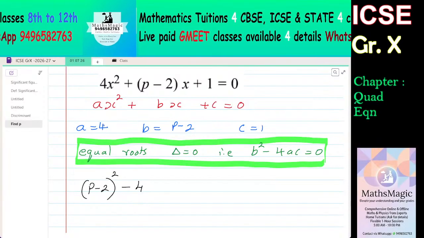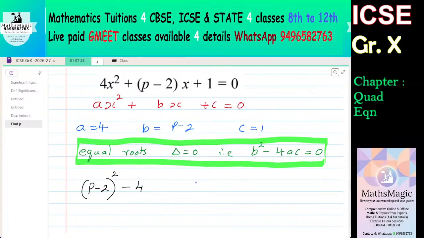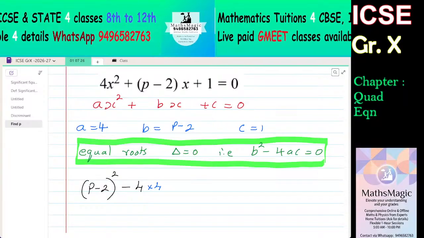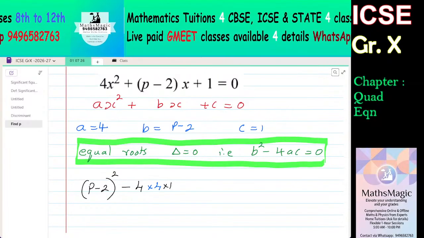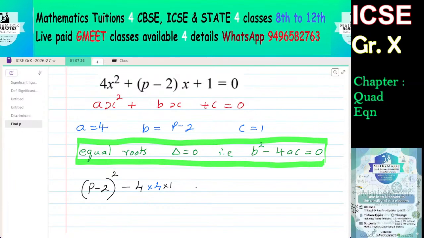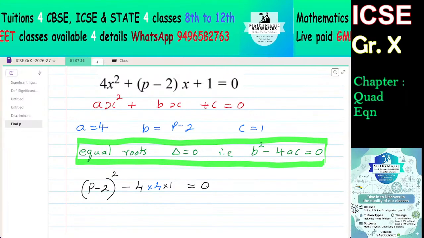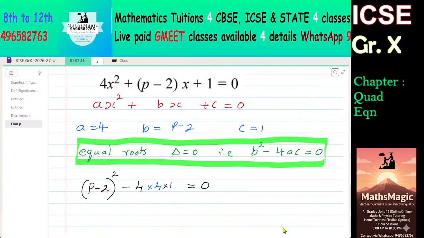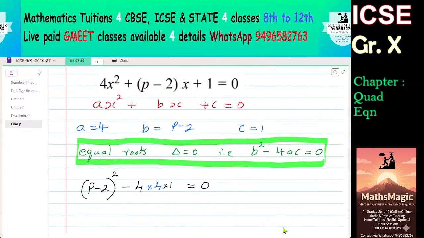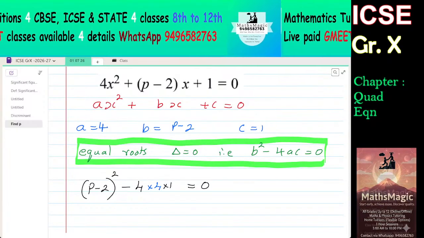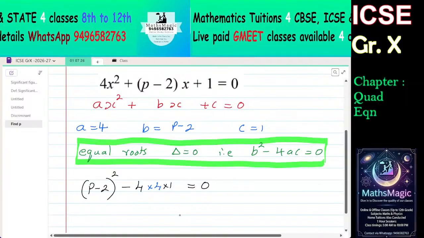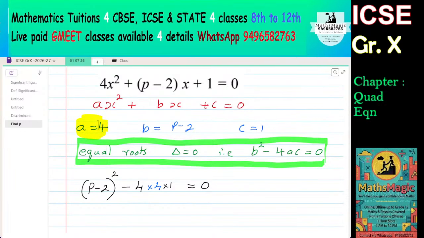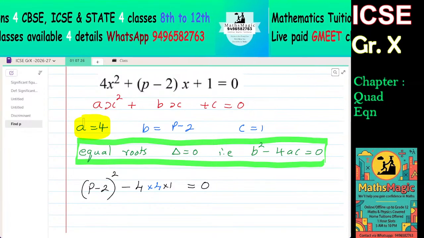Okay, that was some careless mistake. 4 times 1 times c, and c is 1. And that should be equal to 0. Now simplify this and make a quadratic equation. Those who have understood from this step can move ahead. Yeah, some of you had confusion when I wrote a equal to 4, that was a mistake.